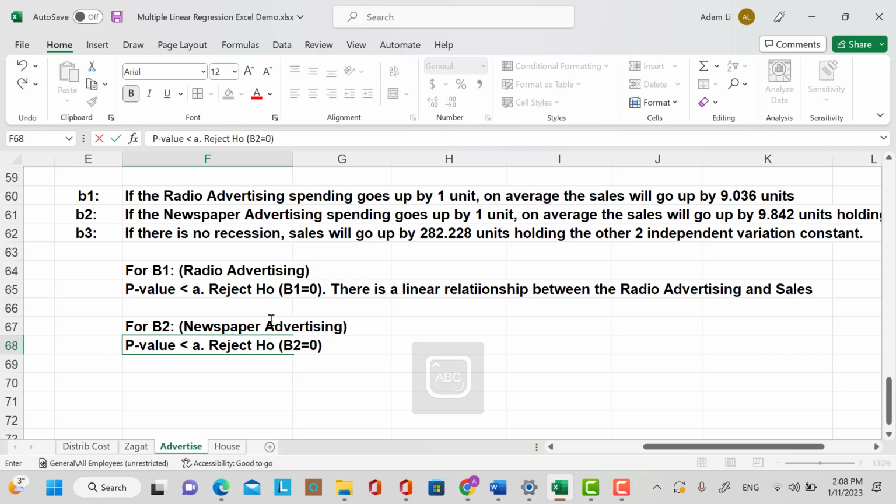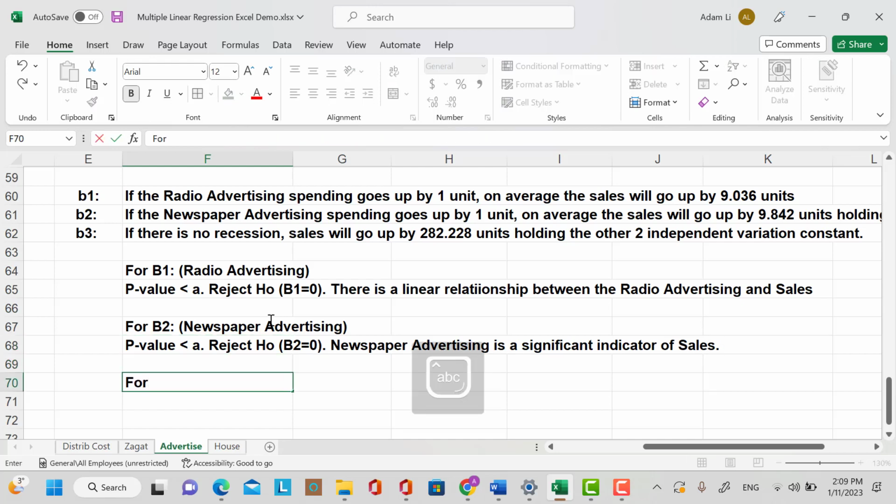Put another way, newspaper advertisement is a significant indicator of our sales. Just another way of saying this.